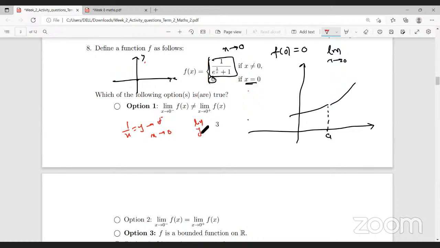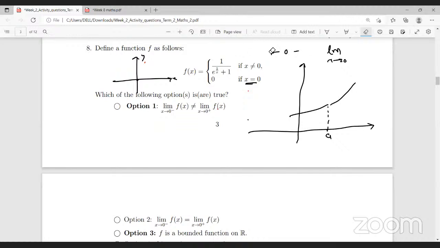So when y tends to infinity, we get 1 upon e to the power y plus 1. We can also divide the numerator and denominator by y, or multiply both up and down with e to the power x. Let us go by the definition first.